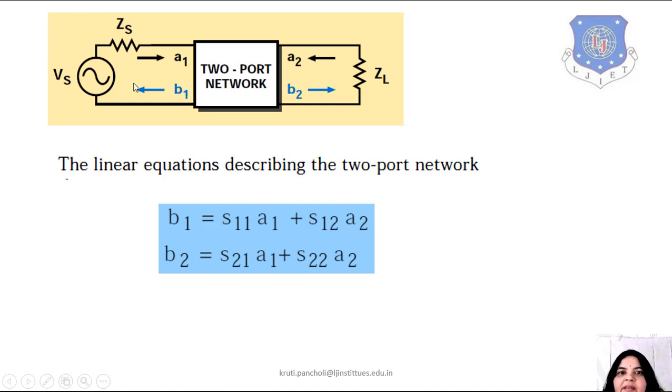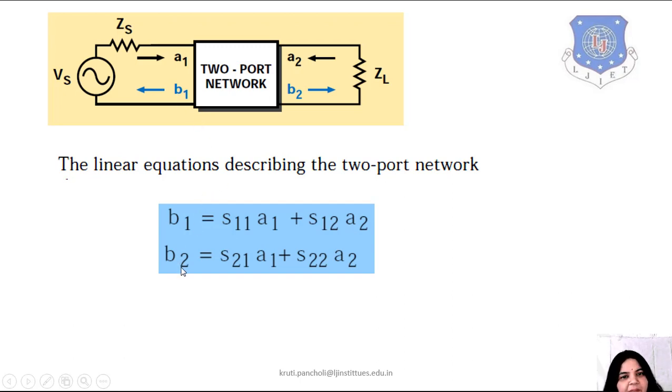This is B1, the reflected wave, while you are transmitting from A1. Similarly, when you are getting some wave at the B1 end, what does that mean? It's S12. So what is my S12? S12 is B1 divided by A2.